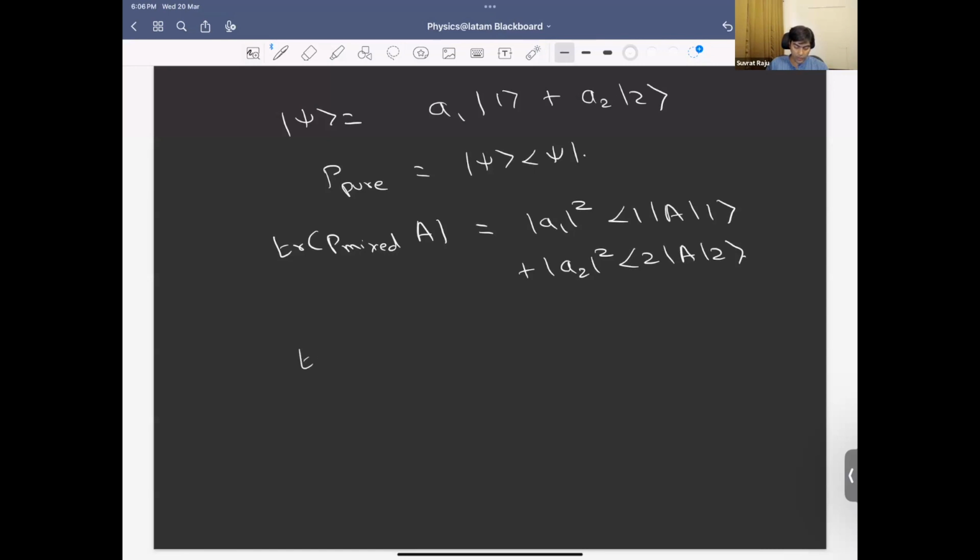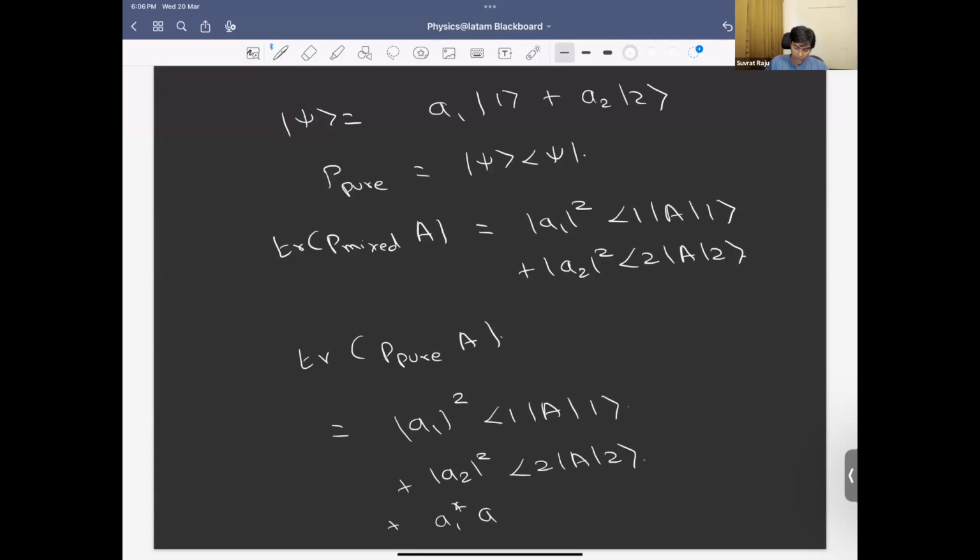Whereas in the pure state, you would get these terms <1|A|1> and <2|A|2>, but you would also get interference terms, which correspond to plus A1 star A2 <1|A|2> and plus A2 star A1 <2|A|1>.